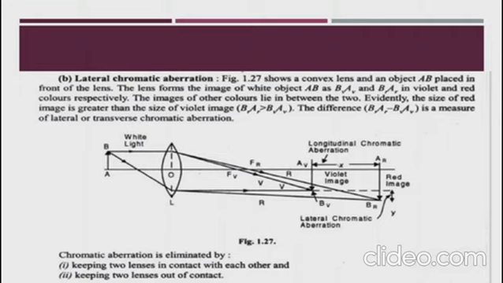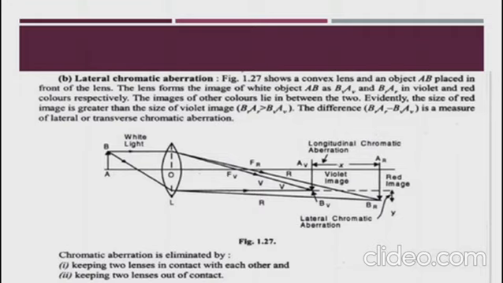The size of the red image is greater than the violet image, so we can write BrAr greater than BvAv. The difference BrAr minus BvAv is measured as the lateral or transverse chromatic aberration. Transverse means horizontal mode. You can see the diagram for both topics in this video.